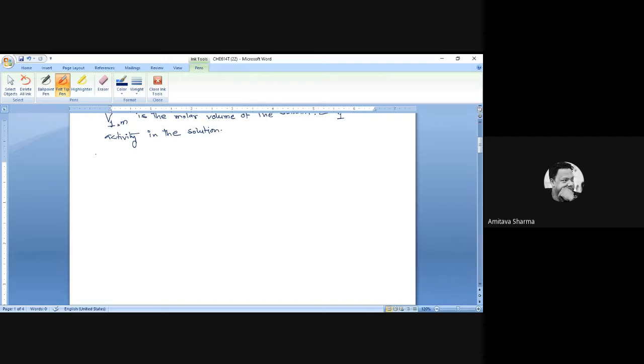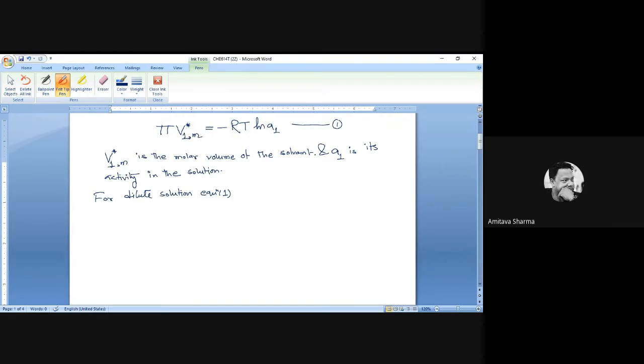For a dilute solution, equation 1, that is pi V1m star equals minus RT ln A1, where A1 is its activity in the solution, is simplified using the following approximations.